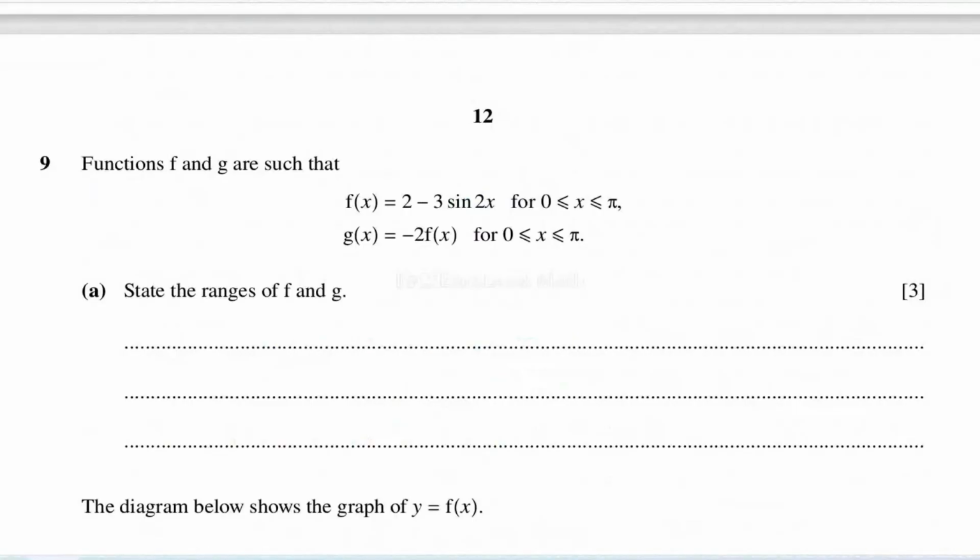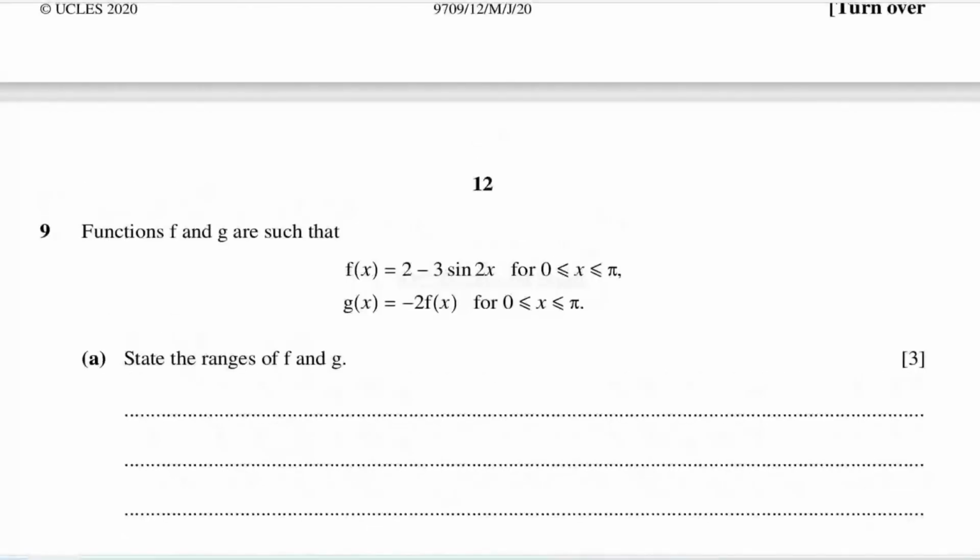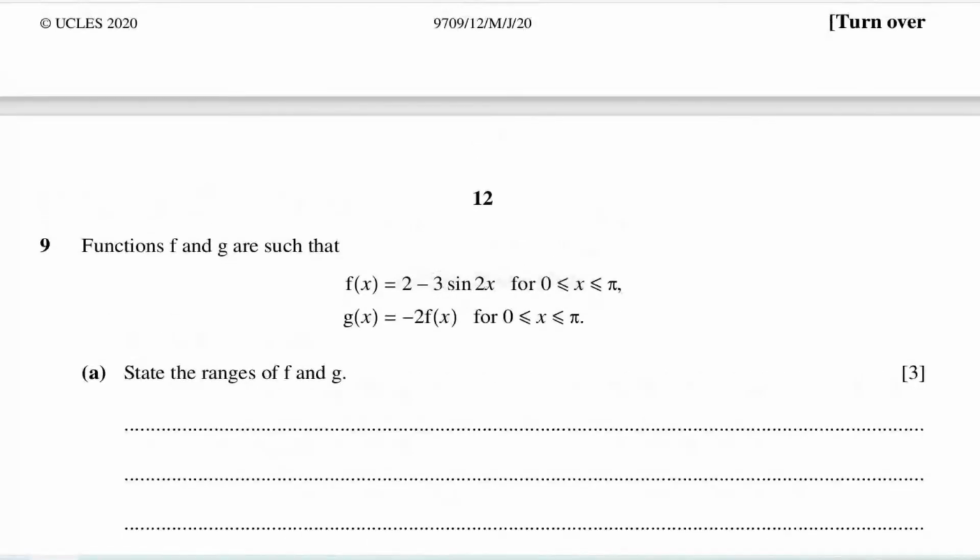So for f of x, the limits given as 0 less than or equal to x less than or equal to pi. So let's calculate what is f of 0. F of 0 is sine 0 is 0, so f of 0 is 2.